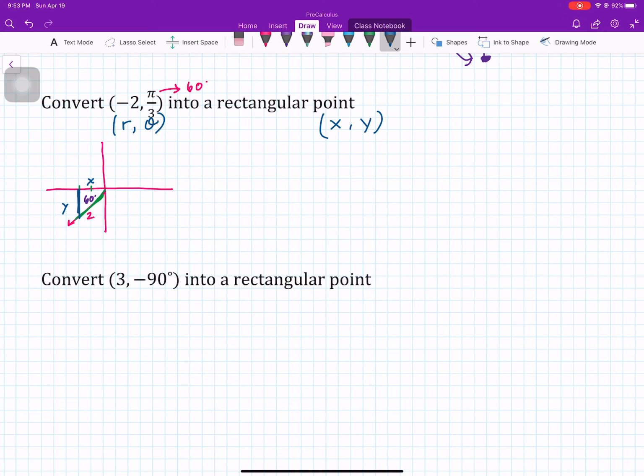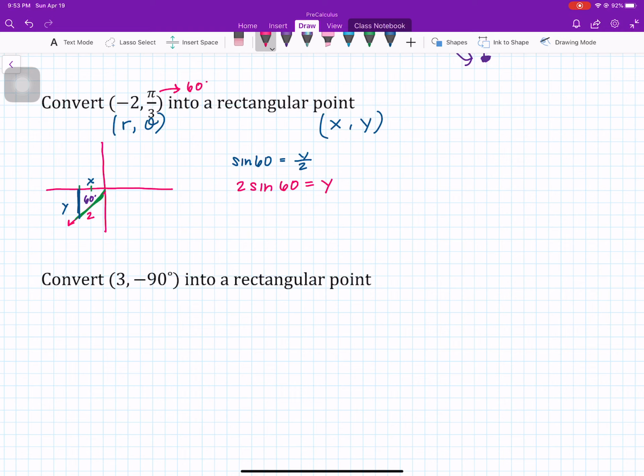So if I'm going to figure out what y is, I would set up a trig ratio. I would say the sine of 60 equals opposite over hypotenuse, so y over 2. And then technically I would multiply both sides by 2 and end up here.